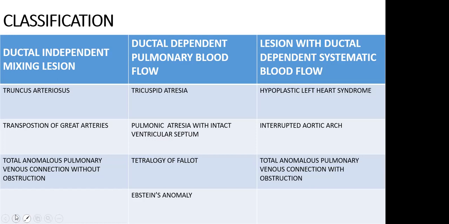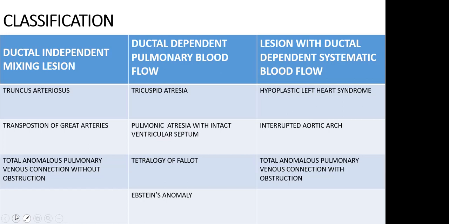So there's actually a right to left shunt. This is how it portrays its mechanism to bring about cyanosis in these patients with congenital heart disease.